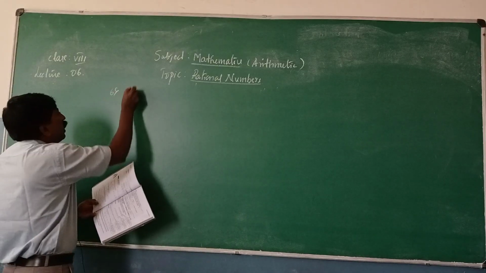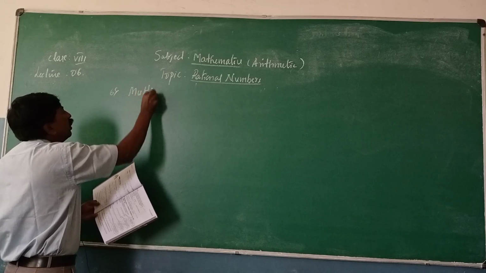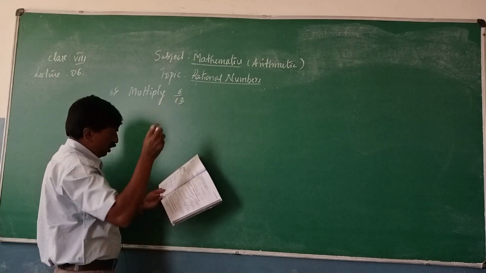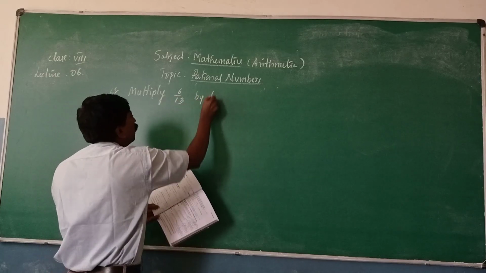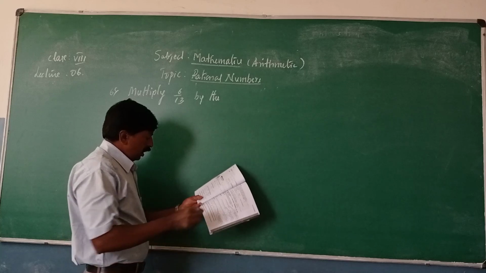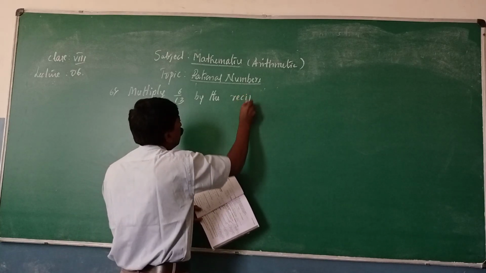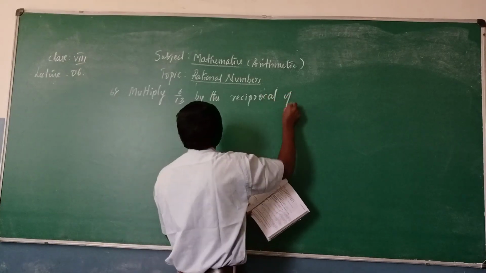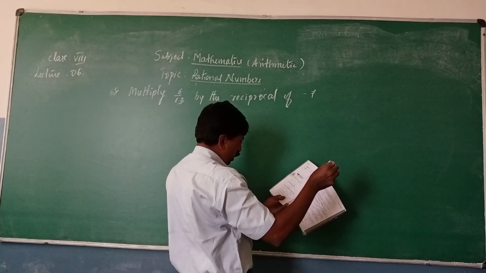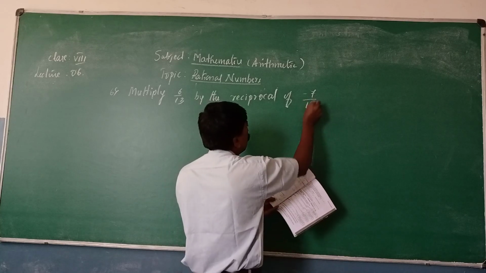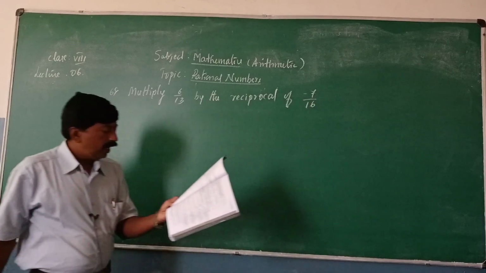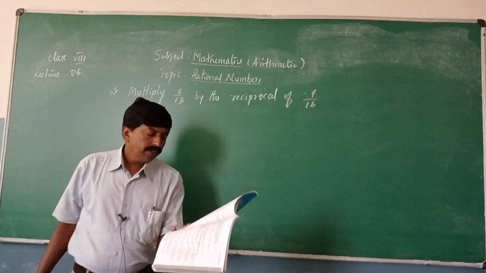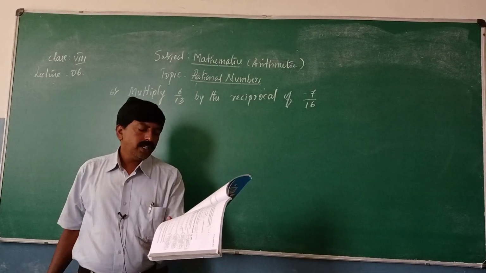Sixth question. Multiply 6 by 13 by the reciprocal of minus 7 by 16.